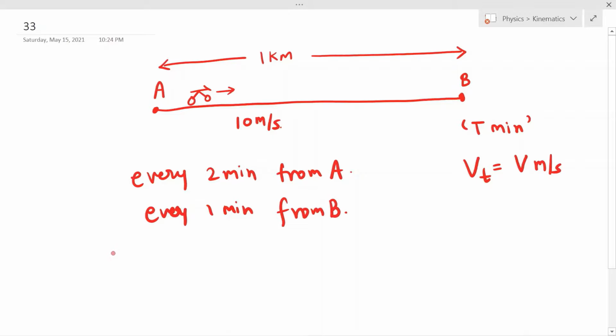So this is from B, every 1 minute. Calculate what is T, that is the time period that the cab or the taxi leaves.